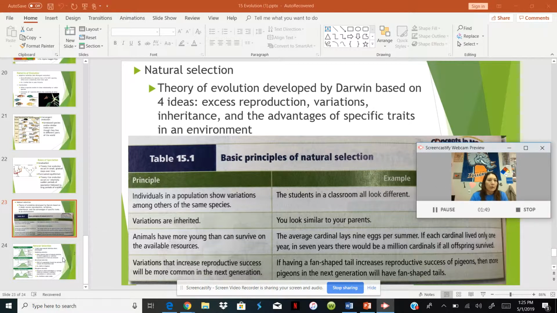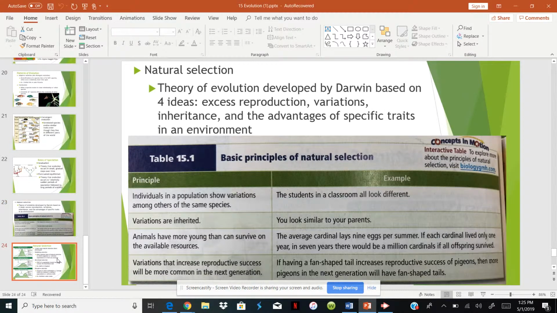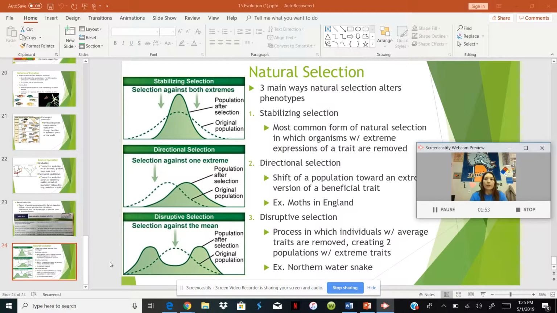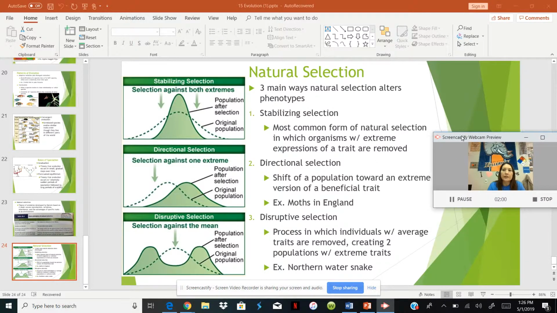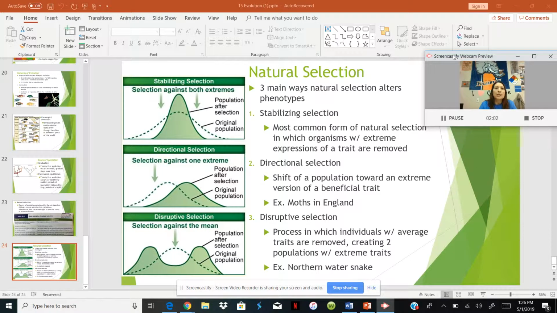So the second thing I wanted to review with you all is the three types of natural selection when it comes to the selecting of traits. First of all, we have stabilizing selection.